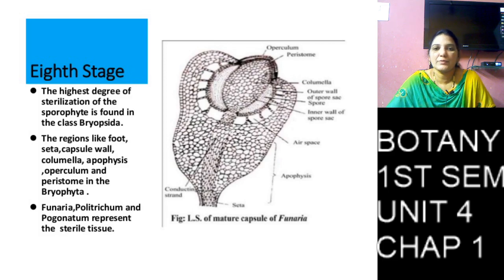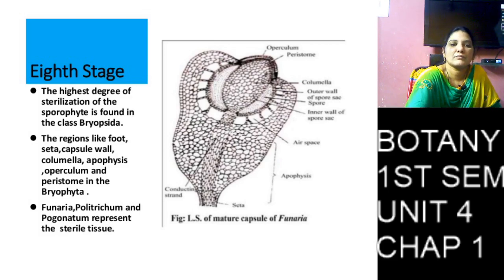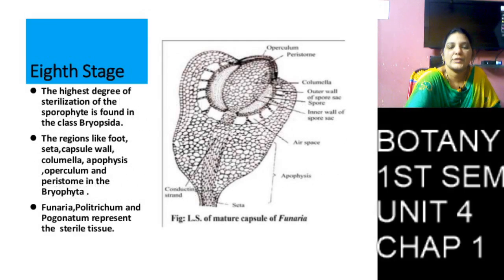So a well developed mature sporophyte. We can see the Polytrichum and Funaria.